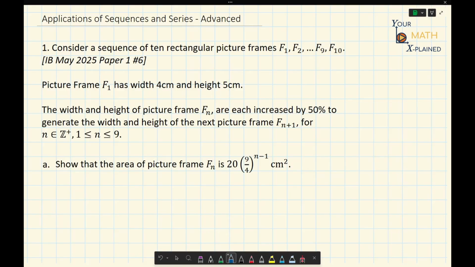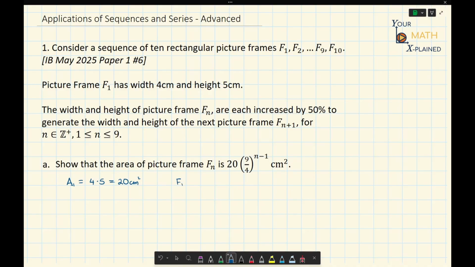We know that the area of frame 1, we're going to call that A sub 1, is going to be equal to 4 times 5. So the area of F1 is 20 centimeters squared. Now, an increase by 50% to both the height and the width means that the area of the next frame is going to increase by 9/4.